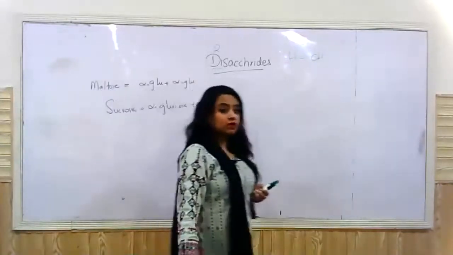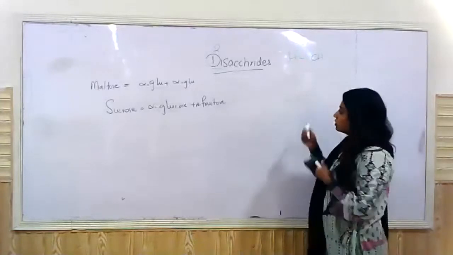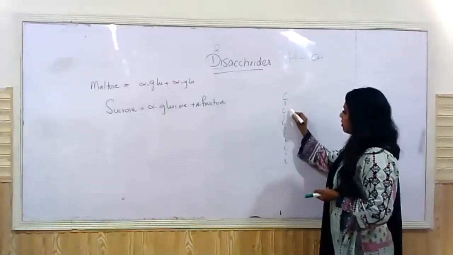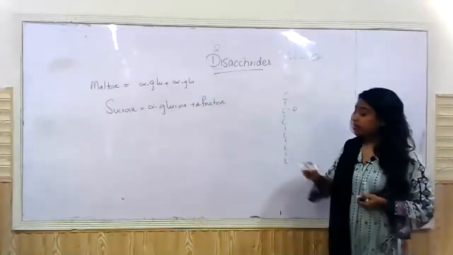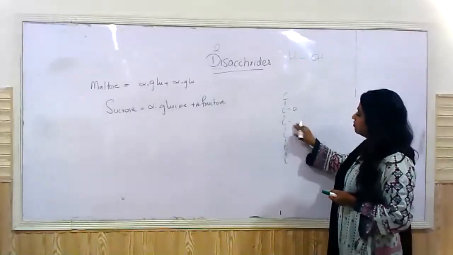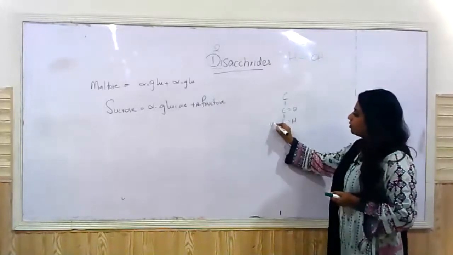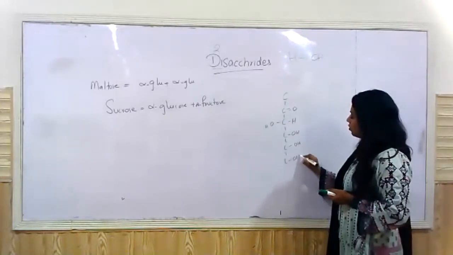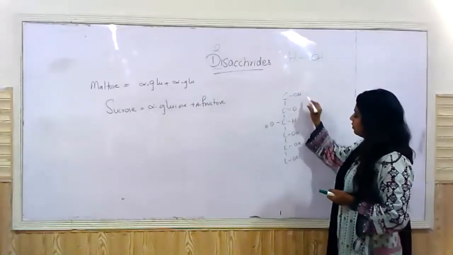If you remember the structure of fructose, it looks something like this. The double bond is present here, right? So number 3 had H here and OH here, OH, OH, OH, OH.